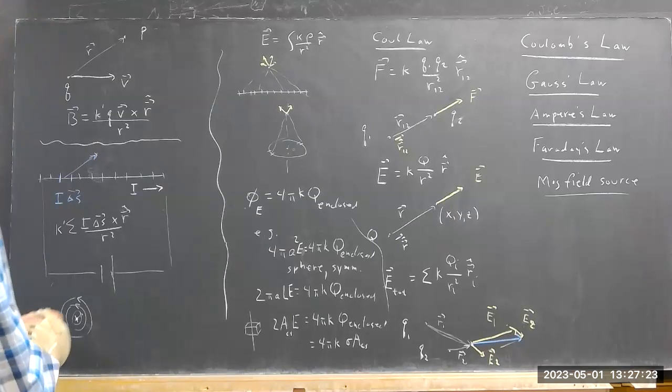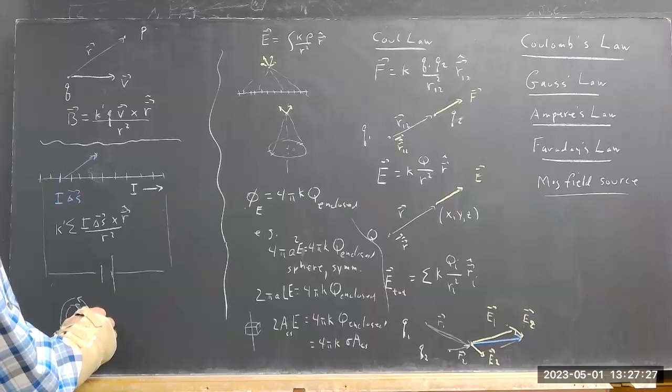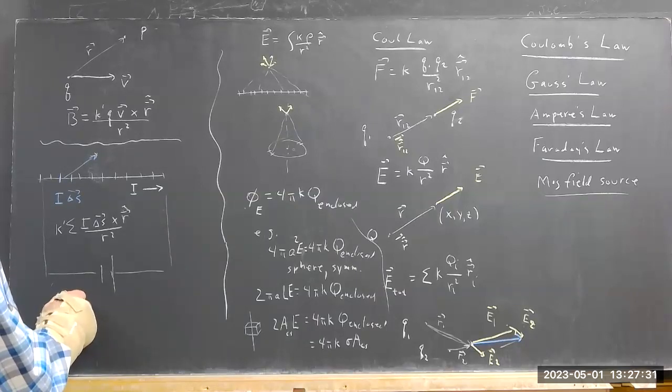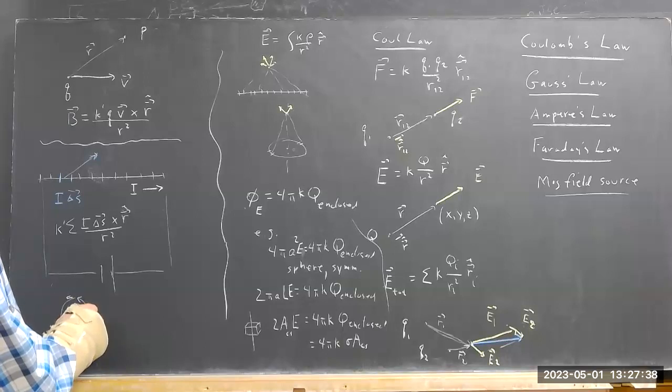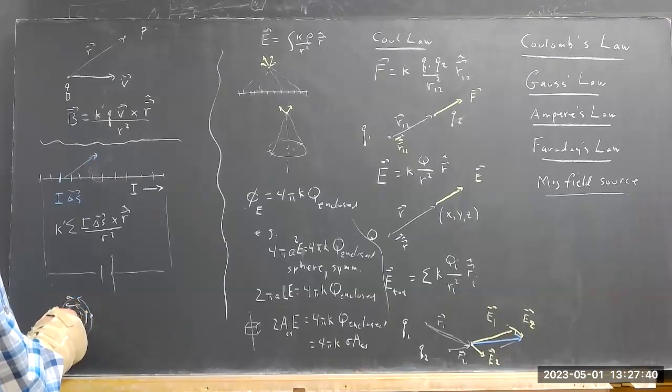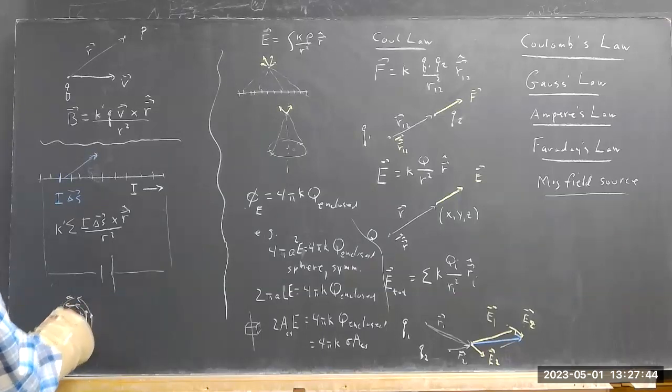Meaning the magnetic field at any point is tangent. What's my magnetic field here? Magnetic field here, here. Bigger magnetic fields here, here, and everyone here.